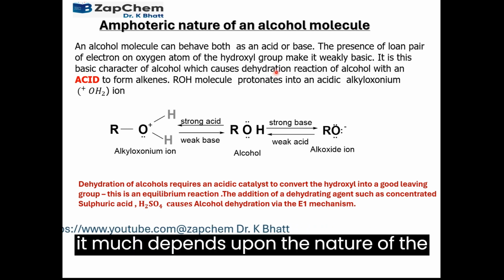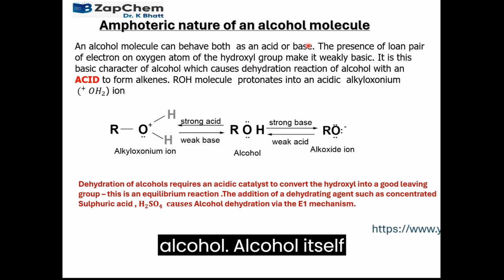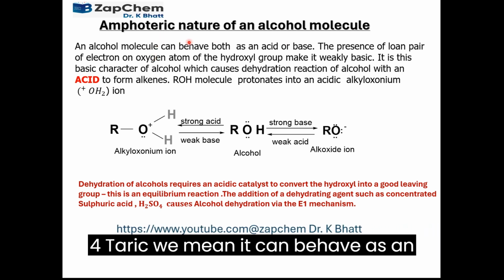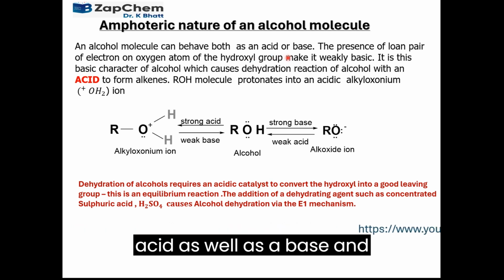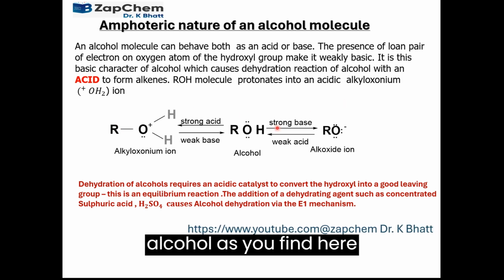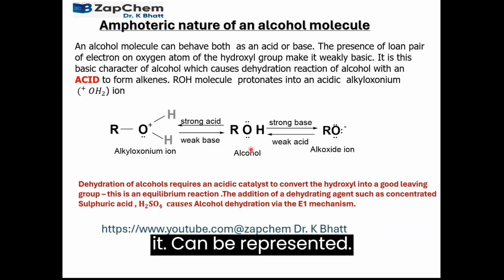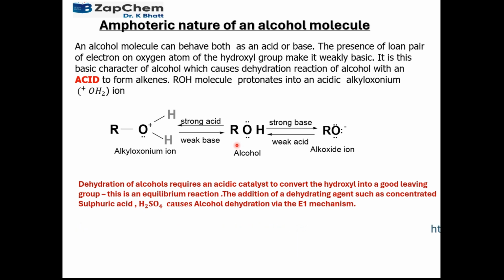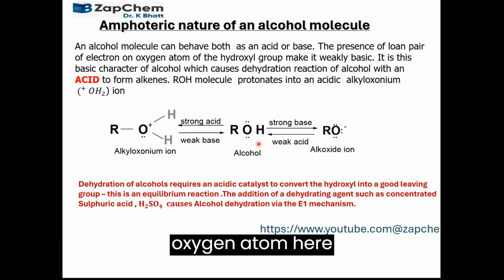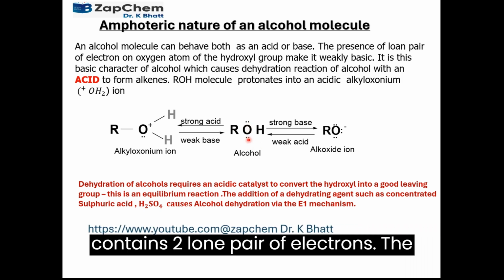Of course, it much depends upon the nature of the alcohol. Alcohol itself is amphoteric in nature. By amphoteric, we mean it can behave as an acid as well as a base. An equilibrium is established here. Alcohol, as you find here, can be represented in type formula as ROH. The oxygen atom here contains two lone pairs of electrons.